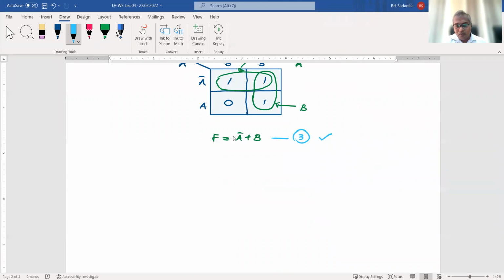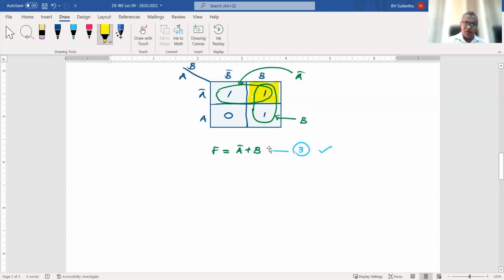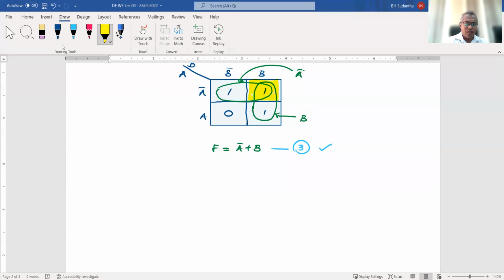Then to receive that one, what we have done is we have covered this grid 2 times. Our question is, is it possible to cover this one 2 times? When you consider the equation, what is our equation? F equals A bar B bar plus A bar B plus AB.